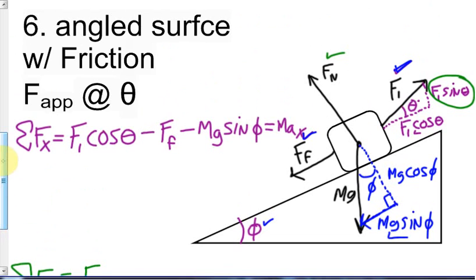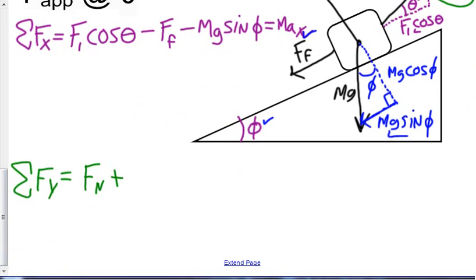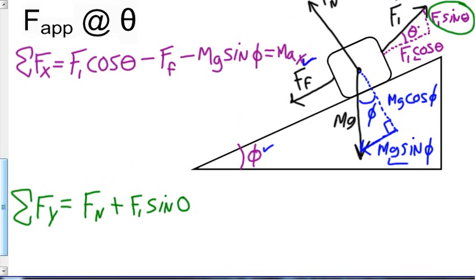It's pulling up. So that's F1, so plus F1, and that's sine, and I'll put that on the board so you can see it, of theta. And acting down in the y direction is this part of the weight. So minus mg cosine of angle phi, whatever.